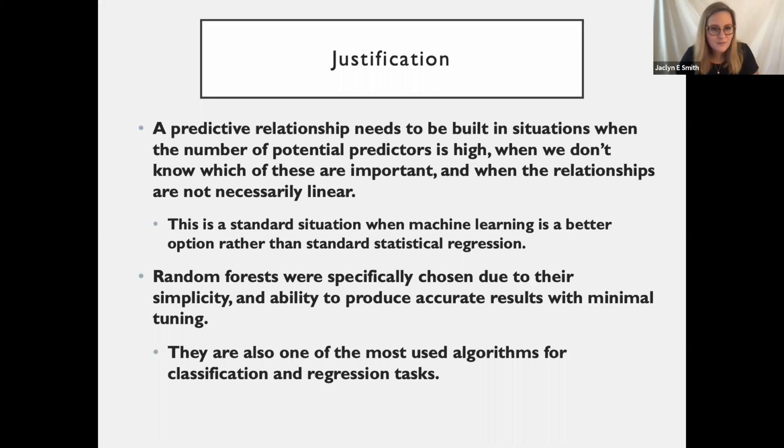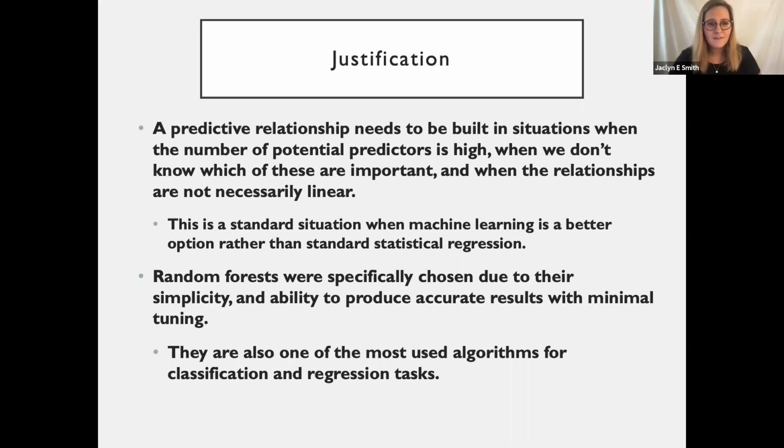So why are we doing this? What's the importance behind this? So a predictive relationship needs to be built in a couple of situations. Either the number of your potential predictors is too high, or you have a lot of them, or you don't necessarily know which of them are going to be important. And especially when your relationships are not necessarily linear.